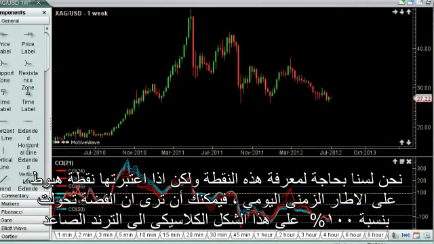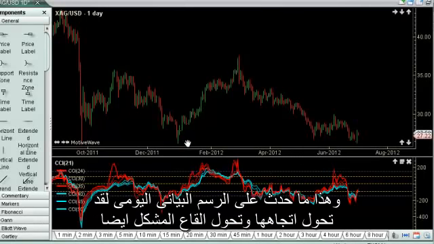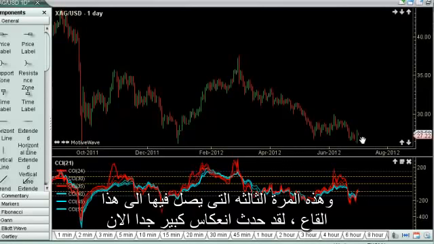But when you take it down to the daily time frame, you can see that silver has turned at 100% of this very classic shaped uptrend that happened here on the daily, and that it is also turning at a previous low. So this is the third time that it has hit this low and has made a very significant turn.